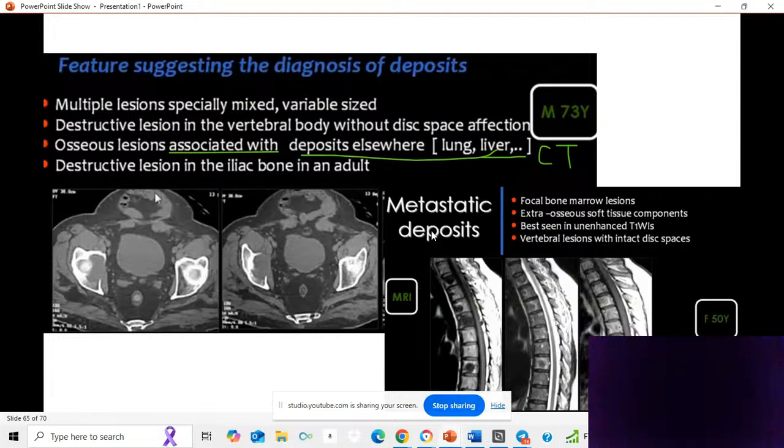So metastatic deposits, if suspected, will need a CT scan of the lung and the abdomen to find the primary lesion and the elsewhere organ deposits.